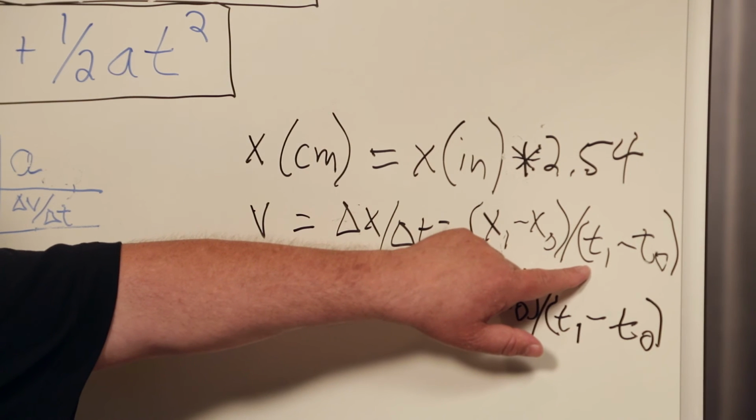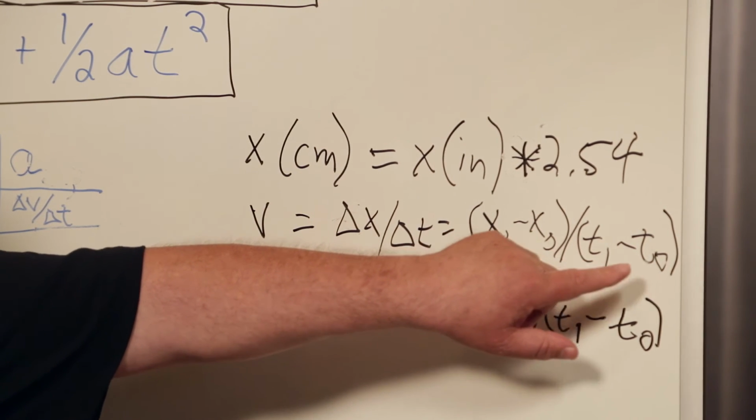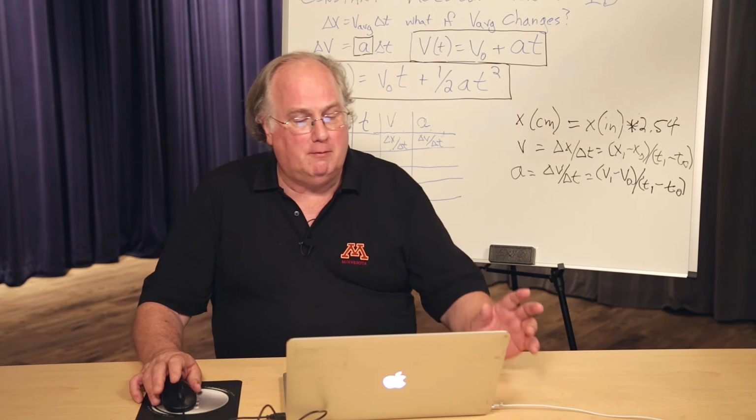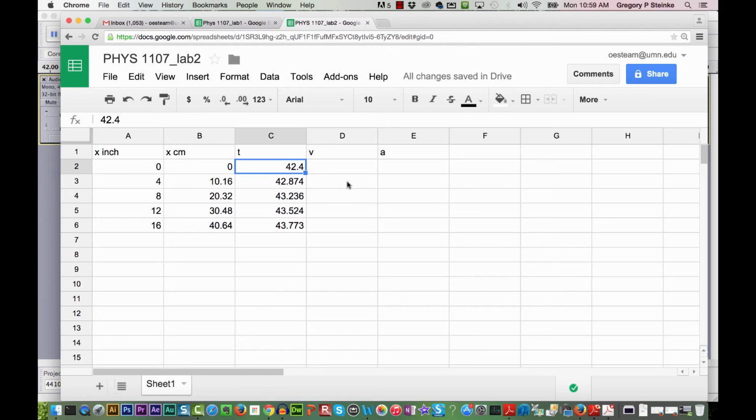The change in time is the t in a cell minus the t before it. And we will do that with a formula here in this spreadsheet. If you're paying close attention, you notice that means we can't do the first cell because we don't have a time before it. So we have nothing to subtract. But that's okay. We'll just leave that one out.